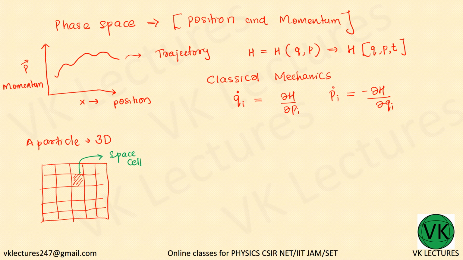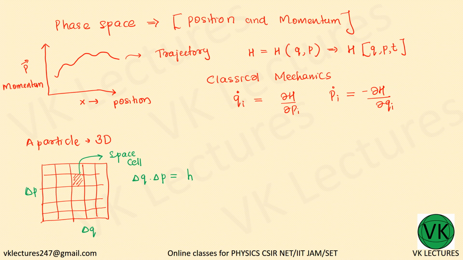This is delta q, and here you have delta p, and delta q into delta p is the uncertainty in position and the uncertainty in momentum, which we assume to be h at the maximum. So h.